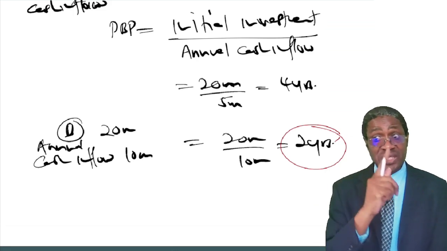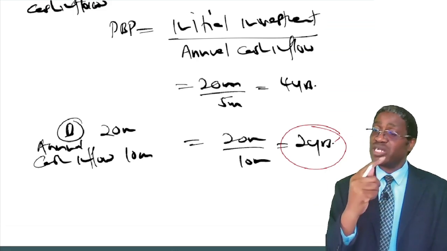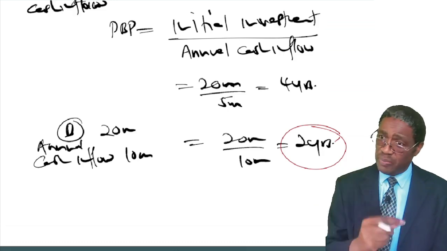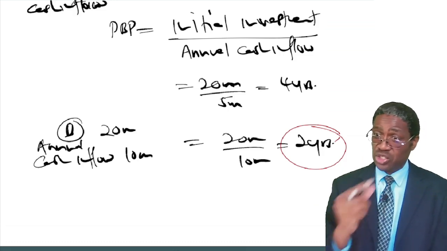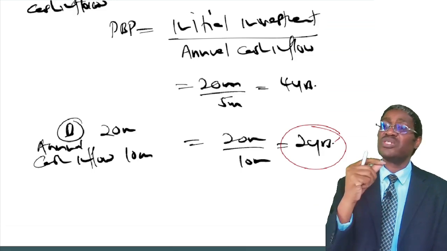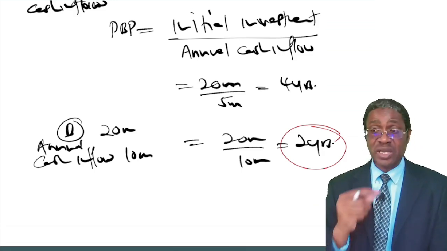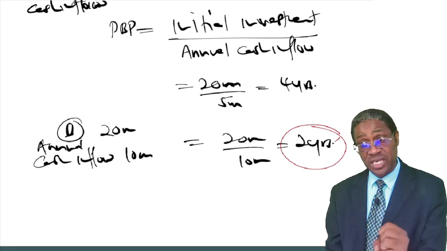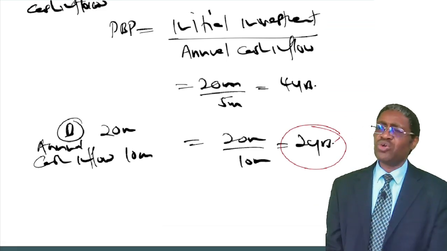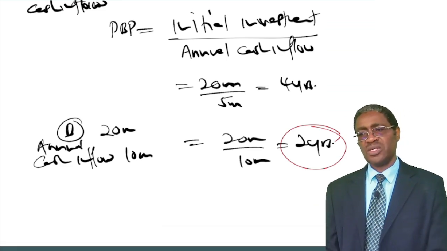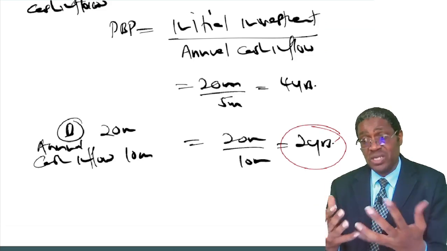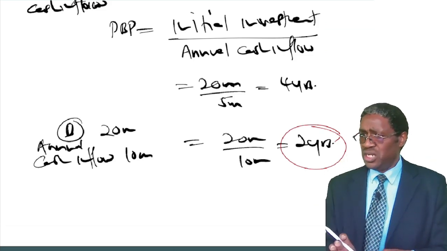And so we normally say, when you're evaluating a project using payback period, the shorter the period, the better. Why? Because the less risky the project is. Project B, we normally say, is less risky than project A. Remember, we don't know about the future, so the faster I'm able to recover my investment, the better for me because of the uncertainty in the future.